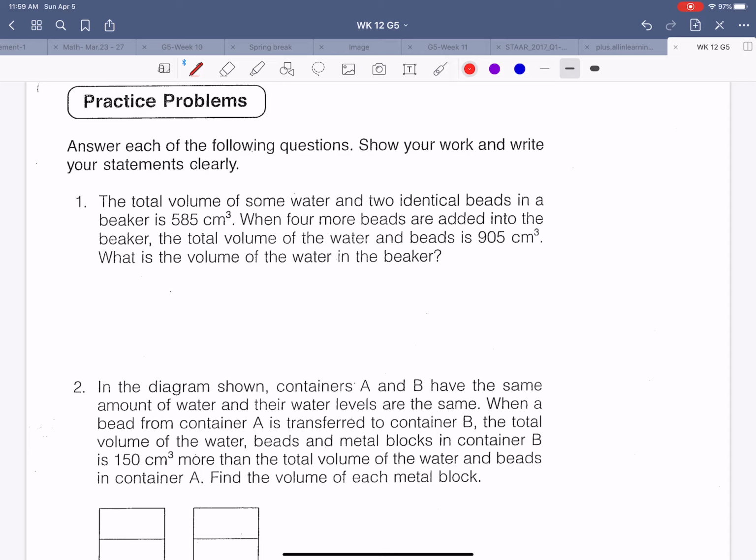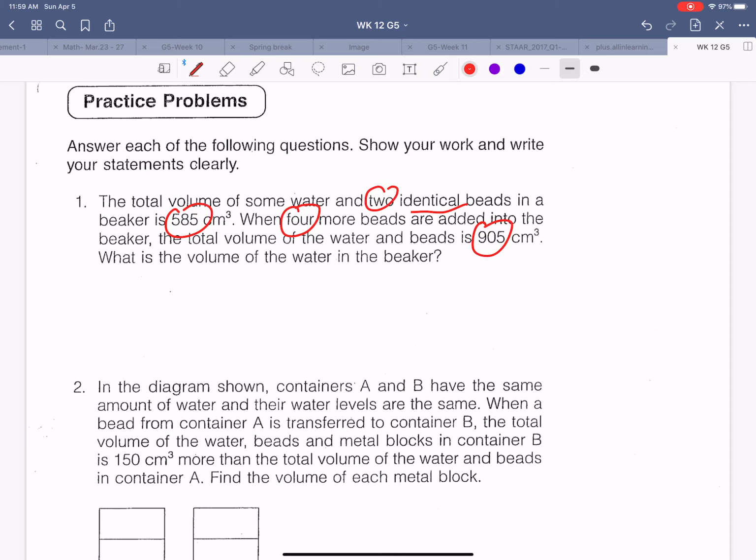The total volume of some water in 2 identical beads is 585. Then add 4 more. Right now the total volume is 905. It's asking what's the volume of the water in the beaker.